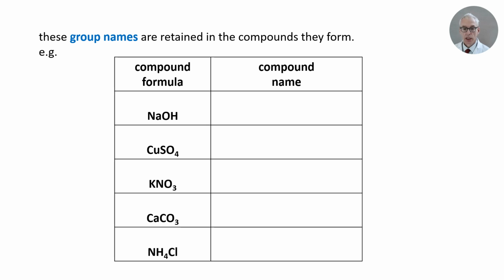So these group names, hydroxide, nitrate, carbonate, sulfate, are retained in the compounds they form. So these group names apply to the compounds in which they appear. For instance, NaOH, we have an OH group, so that would imply the hydroxide.